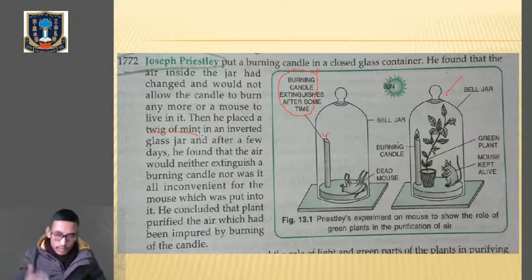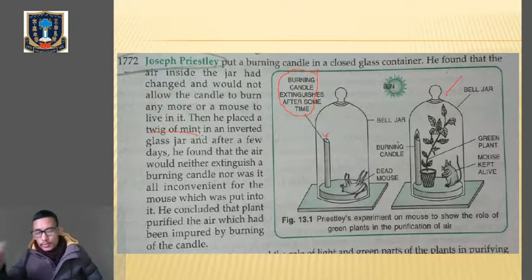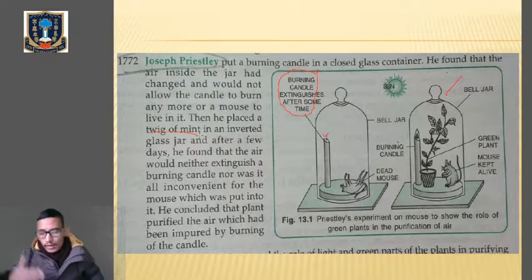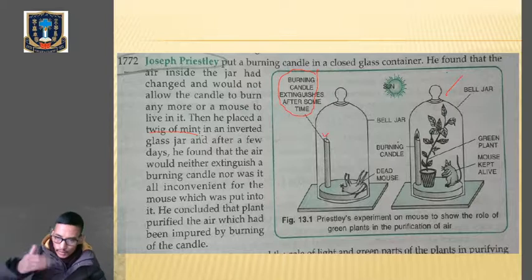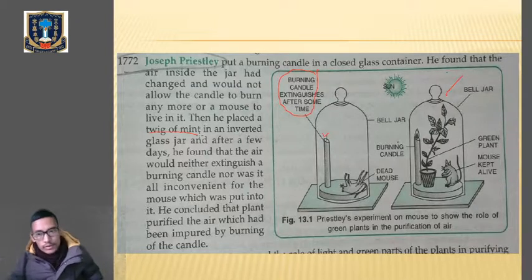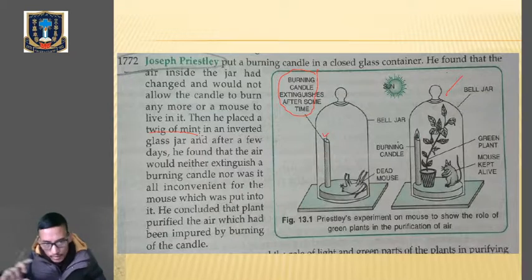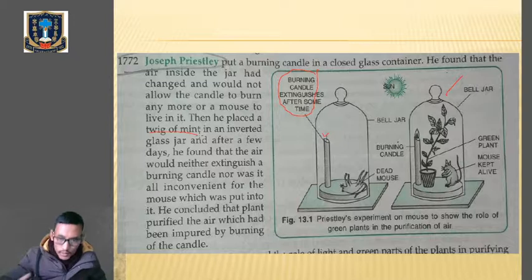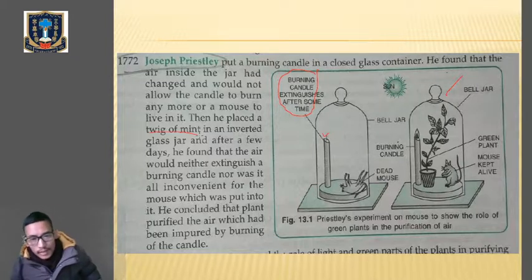But in the second glass container he put the burning candle, the mouse and a twig of mint, so the candle burned continuously and the mouse was kept alive. Why? Because the twig of mint, or the plant, purified the air which was being imbued by the burning candle.